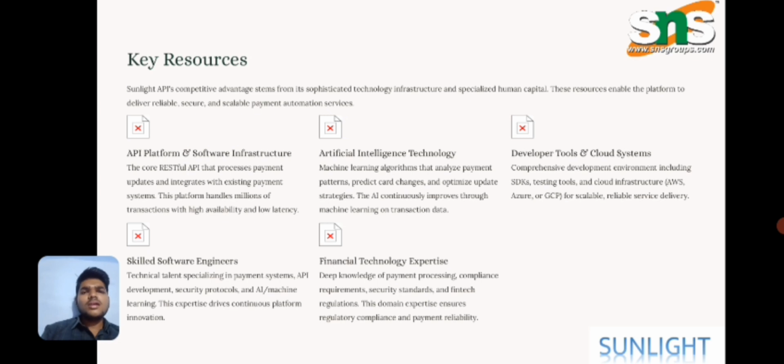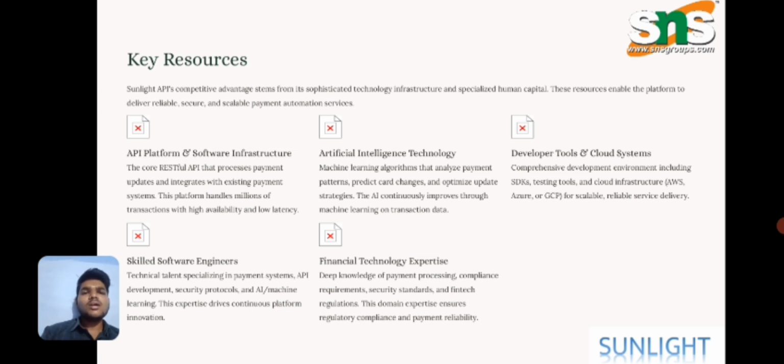Key resources. Sunlight API's competitive advantage stems from its sophisticated technology infrastructure and skilled human capital. These resources enable the platform to deliver reliable, secure, and scalable payment automation services.